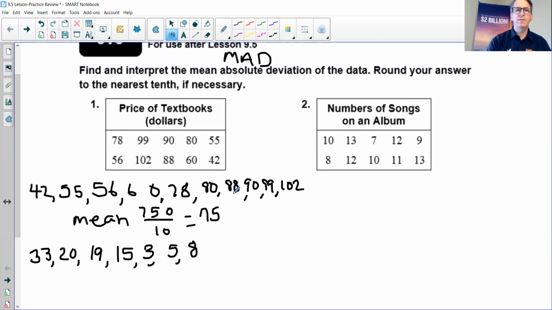I'm sorry, that's 13, okay, 13. Next one would be 15. So again, that 15 came from 90 minus the 75, I got 15. 99, 24. And then the last one would be 27. 102 minus 75 is 27.